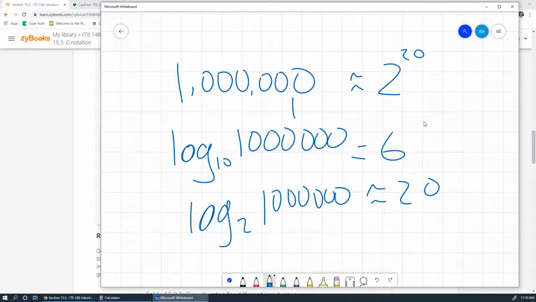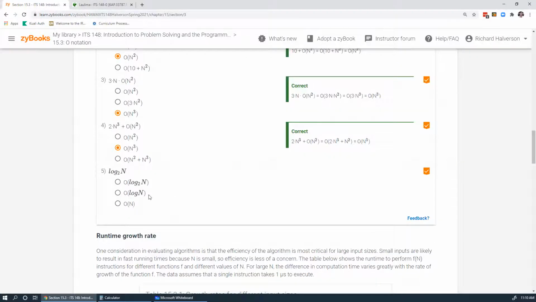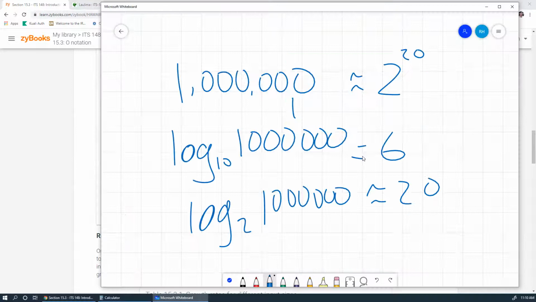It turns out you can go between these logs by just multiplying by a constant. That means the difference between the logs is a constant, which means we can just drop the 2. We just say log n because the difference between log 10 of n and log 2 of n is just a constant. It happens to be 20 over 6, and it works with bigger and smaller numbers also.